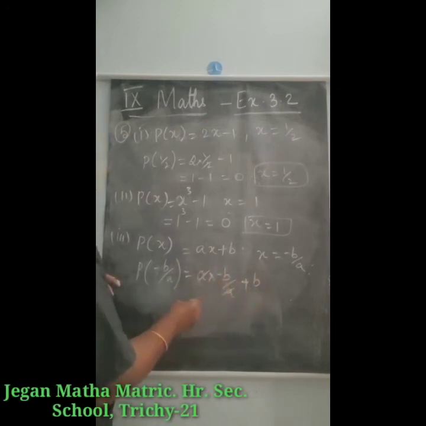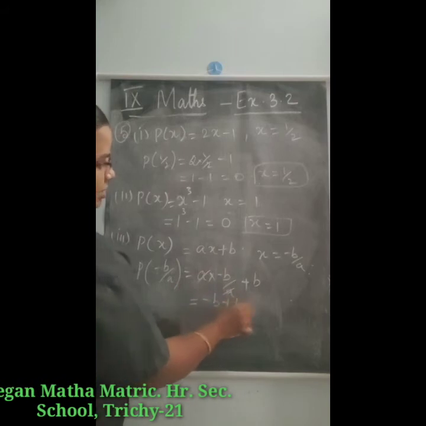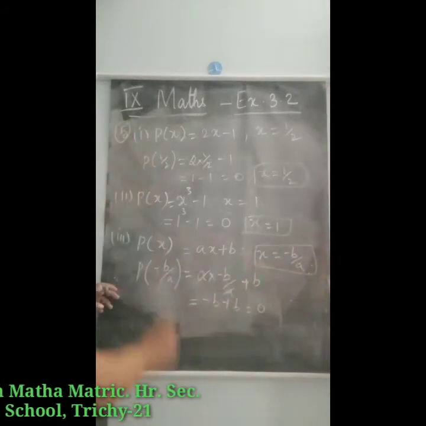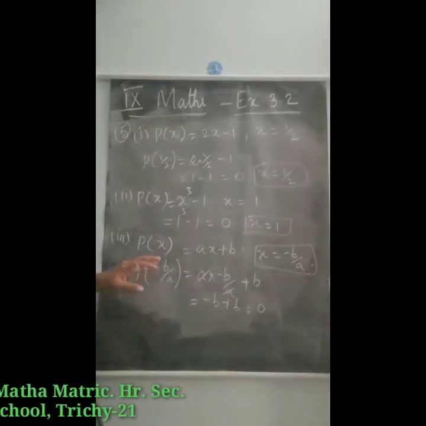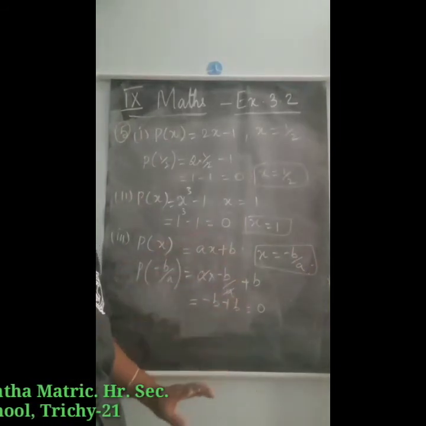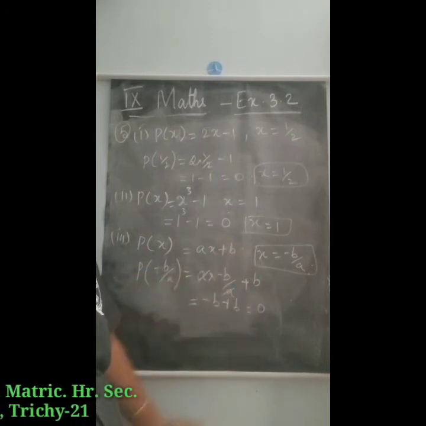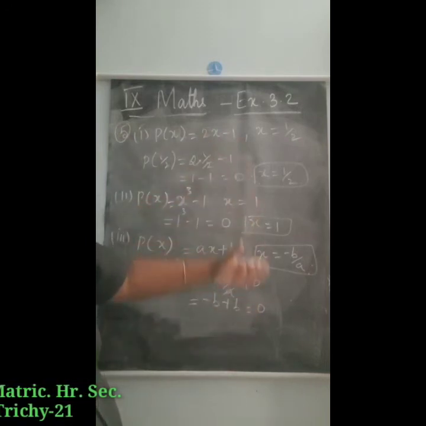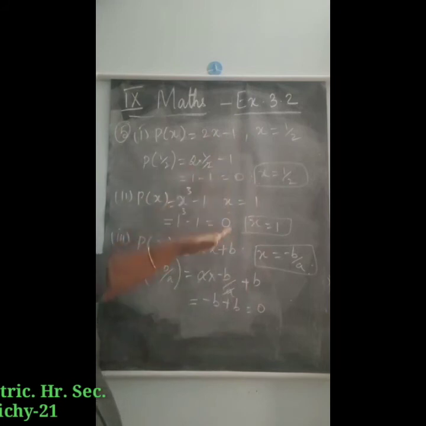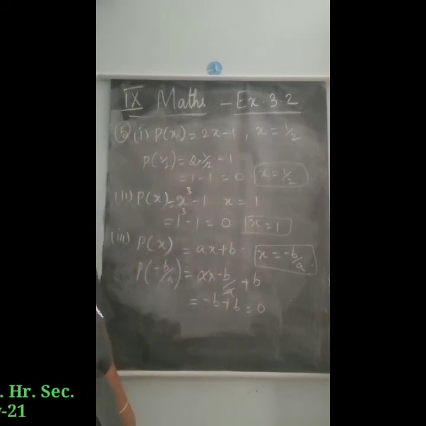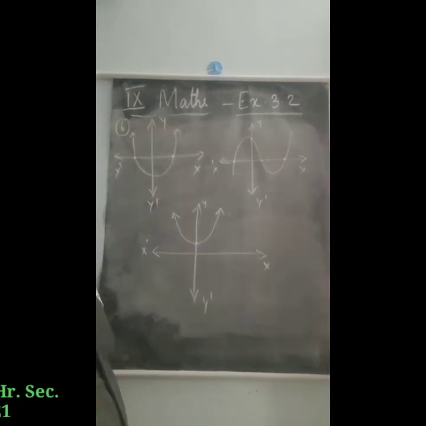Here the a's cancel, so minus b plus b is equal to 0. Therefore, x is equal to minus b by a is the zero of the polynomial. If it is not equal to 0, it is not a zero of the polynomial. But in these three questions, all the answers are 0, so the given values are zeros of the polynomial.